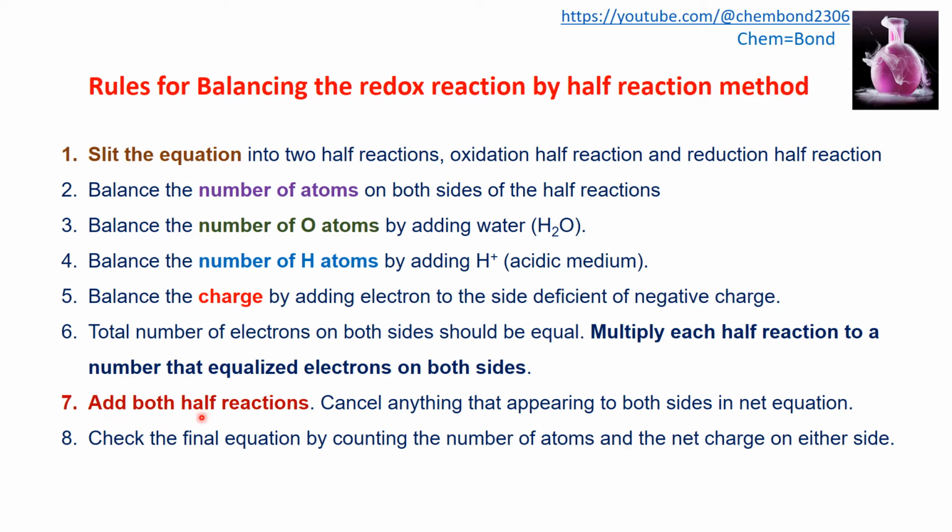After that we will add both half reactions and cancel anything appearing on both sides of the net equation. Then we will check the number of atoms, ions or charge by general inspection, and the final equation is checked by counting the number of atoms and the net charge on either side. So this is the summary of the rules that are used for balancing a redox reaction.